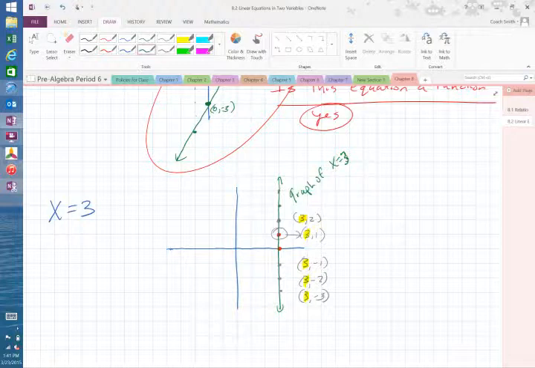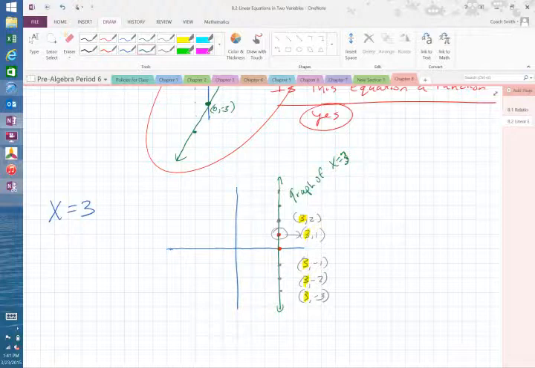Wait, I thought if there's 2 3s that equal a number, then it's automatically a function. No. If there's more than 1 3 as an input, they would all have to equal the same number. Oh.